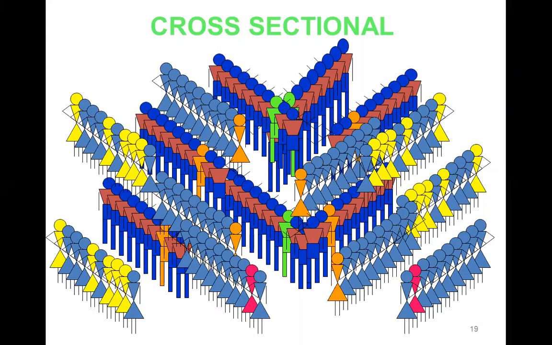In a cross-sectional study, you'll capture all the pink ladies, you'll capture yellow ladies, if that's, let's say, osteoporosis. You'll capture men with, let's say, prostate cancer, the green ones. You'll capture the orange men who are depressed. You'll capture everything that's going on in your population at the same time.